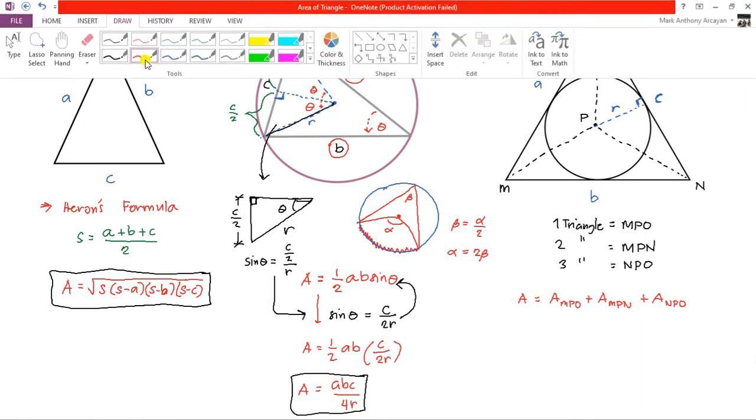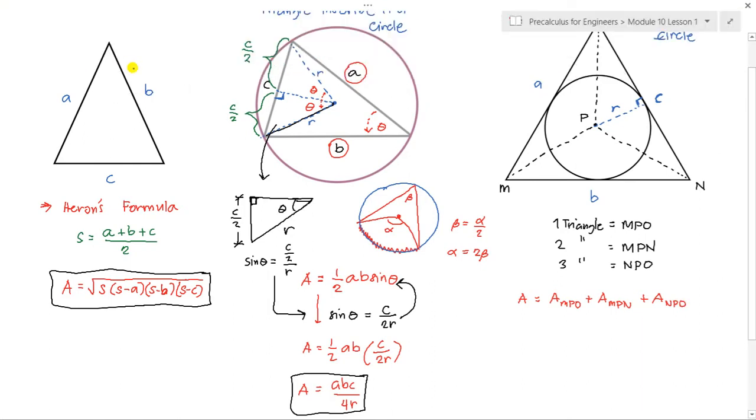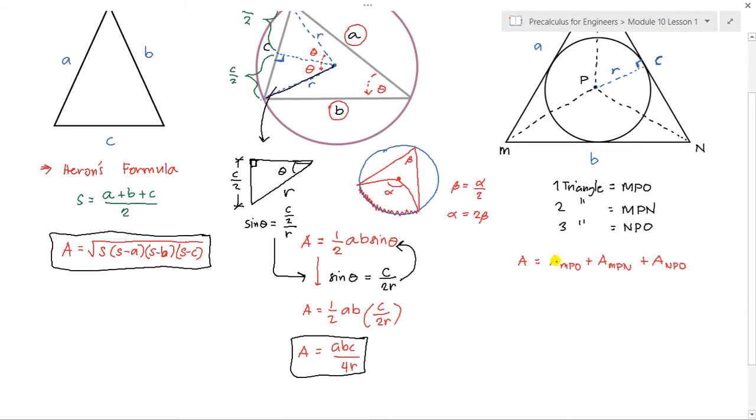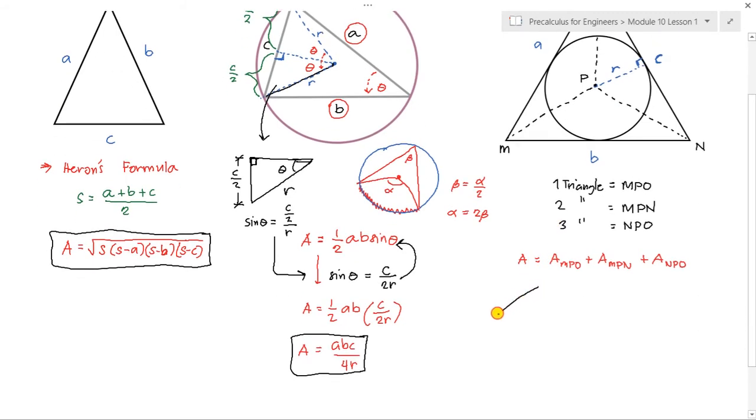So, kung ato i-extract na ang kada triangles, let's start with the first triangle, MPO. So, yan ang itsura sa MPO.